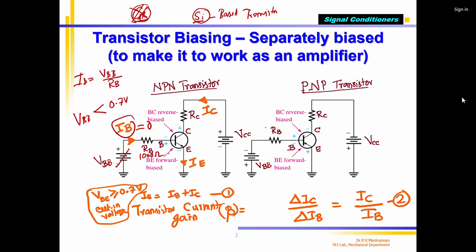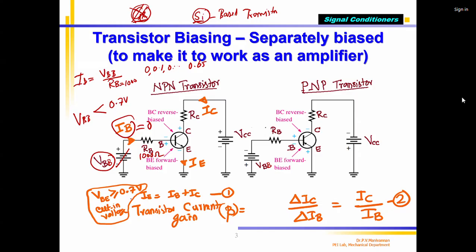Now, my VBB, if less than that, that means VB equals 0 volts, or 0.1 volt, or 0.2 volts, even 0.65 volts, and RB equal to 1000 ohms, there should be some IB, but IB will not flow. That is one of the important points to be noted. When VBB, the input base voltage, is lesser than 0.7, IB will be 0.